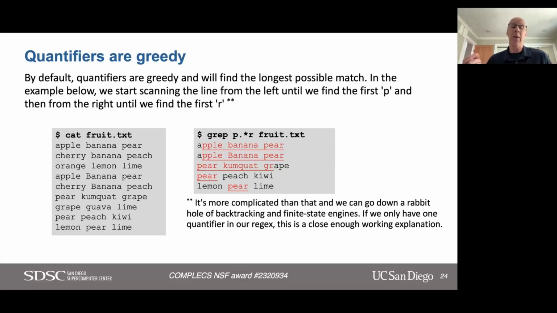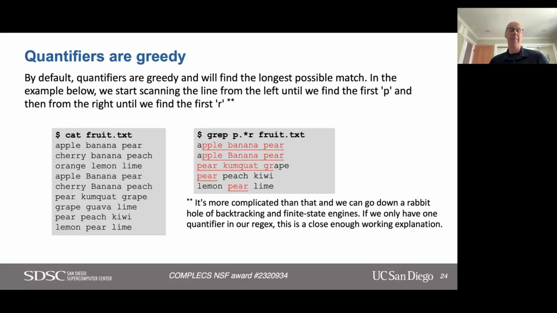So now let's say we do a grep p dot star r, and this is going to mean p followed by any number of characters followed by an r. And we might think, hey, this is a good way to find matches like pear. But look at those first few lines. In the first line, we matched starting from that first P in apple through the R in pear.